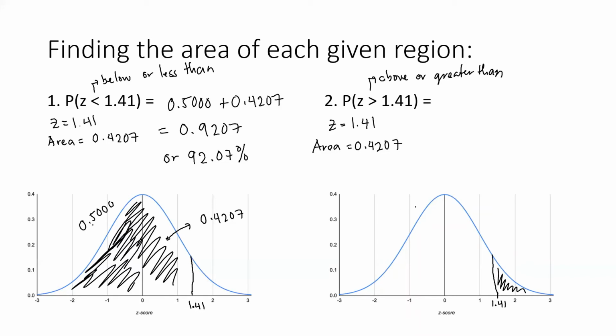Since each half has an area of 0.5000, however, it shows that this half is just partially shaded. Since this is partially shaded, all we can do is subtract 0.5000 with 0.4207.